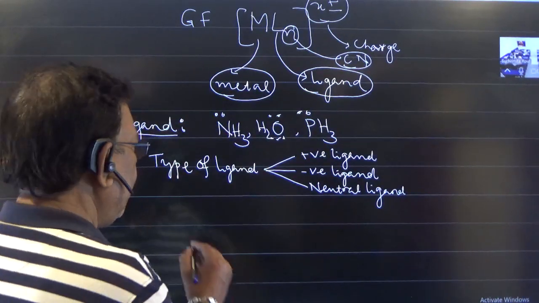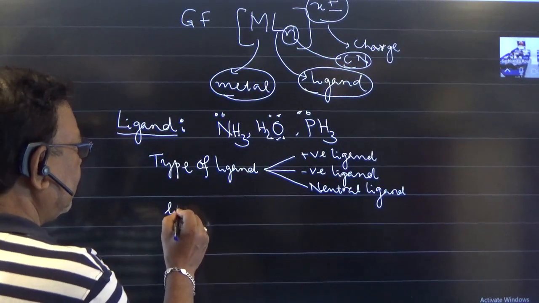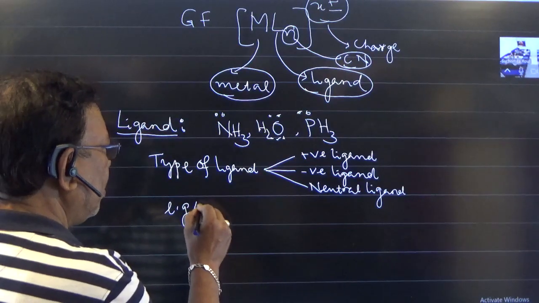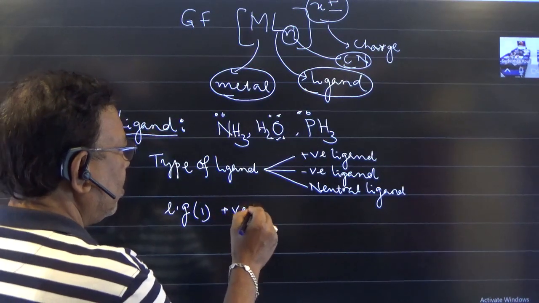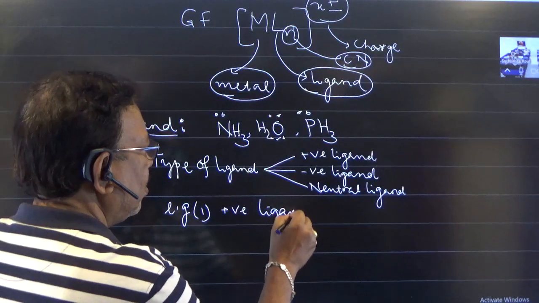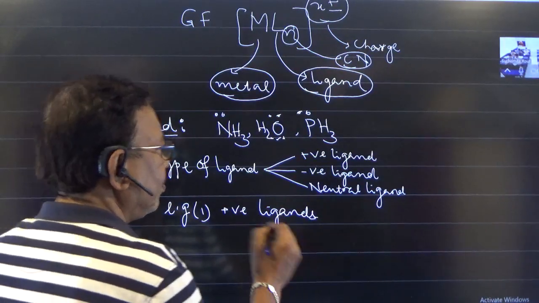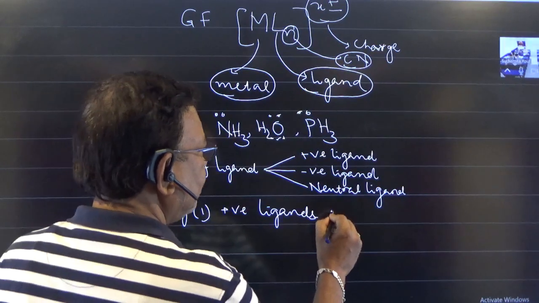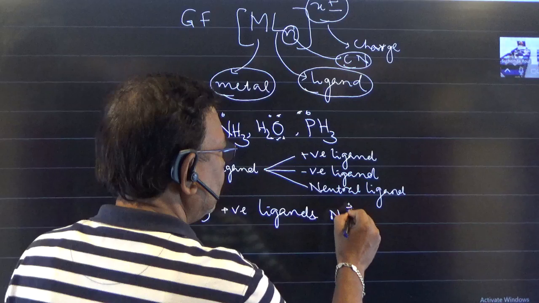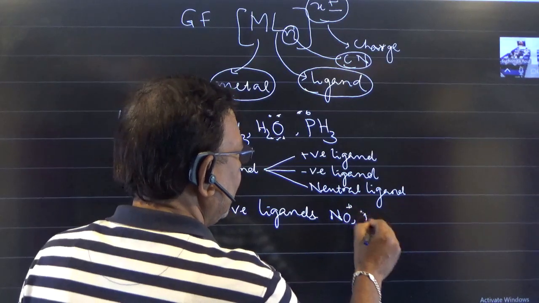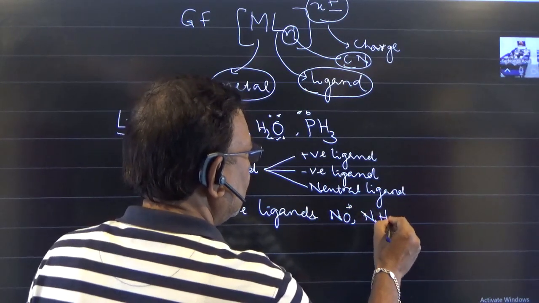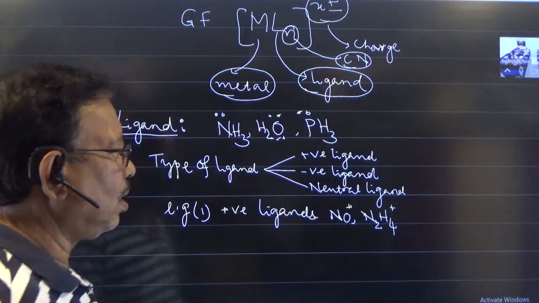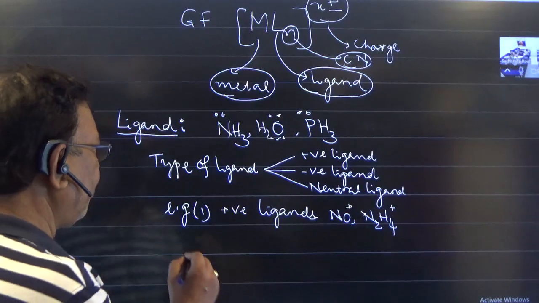Example of positive ligands: NO+, N2H4+. These are positive ligands.